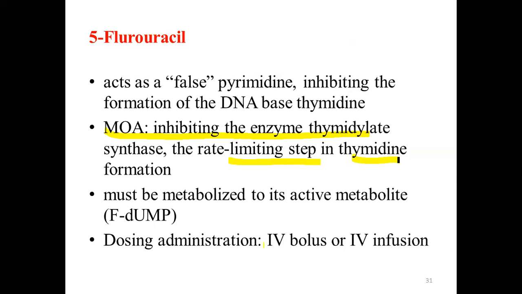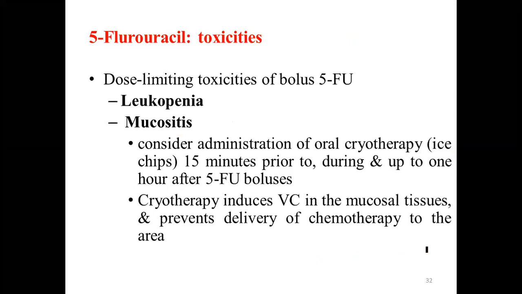It can be given as an IV bolus or IV infusion, as you have seen. Remember, the 400 is usually given as a bolus and the 200 as an infusion. What are the dose-limiting toxicities when you give it as a bolus?